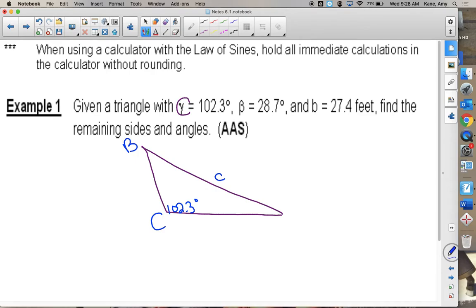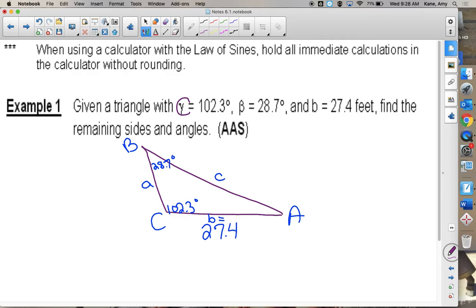It's 28.7. As long as side b is across from it, that's the part that truly matters. And then we have angle A. And the other information they give us is side b, and it's 27.4 feet.